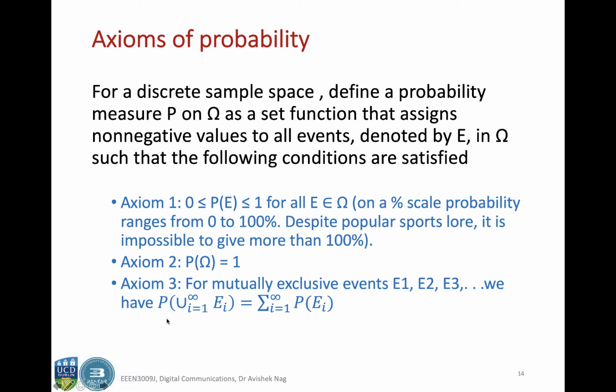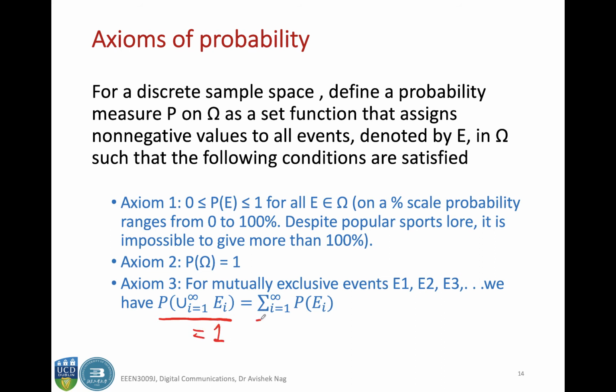If you take the left hand side of this equation, then the union of all the events for a die throwing experiment is basically the entire sample space. So the probability of that will be equal to 1.